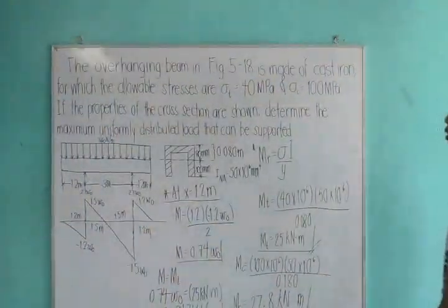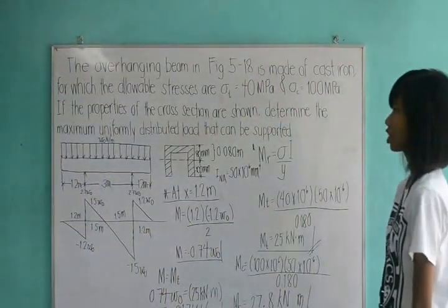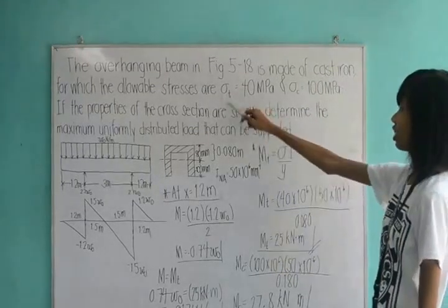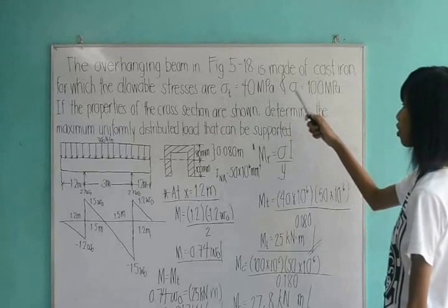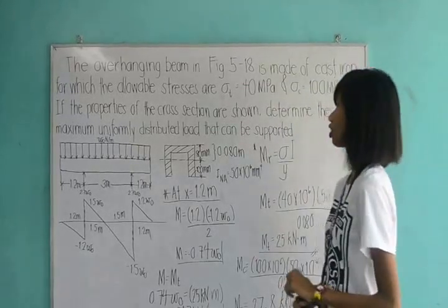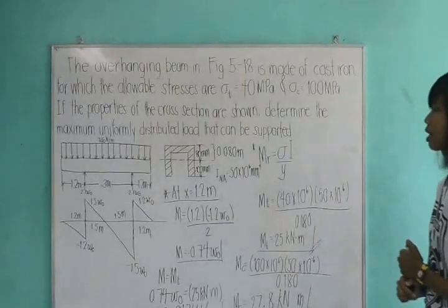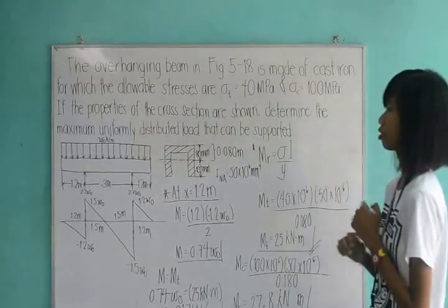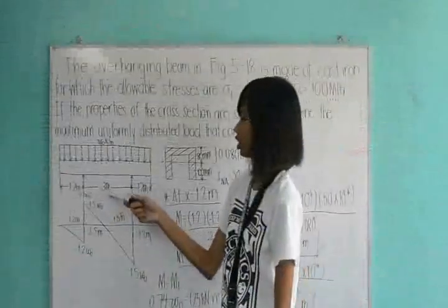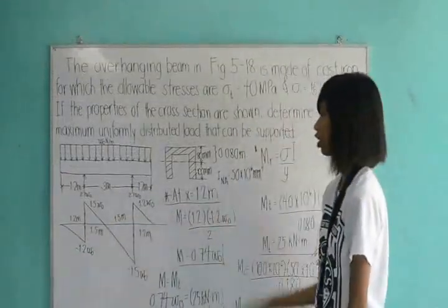Figure 5b is made of cast iron, for which the allowable stresses are for tension 40 MPa and for compression 100 MPa. If the properties of the cross-section are shown, determine the maximum uniformly distributed load that can be supported. So this is the given figure, shear diagram with cross-section.